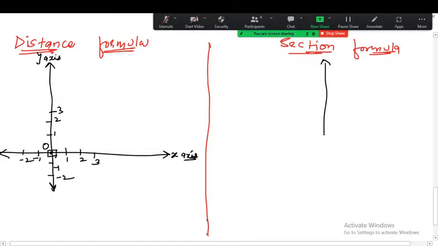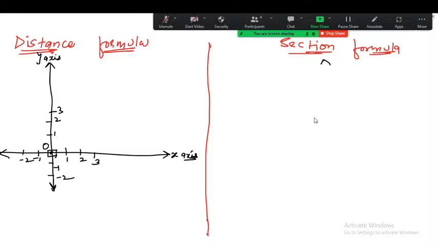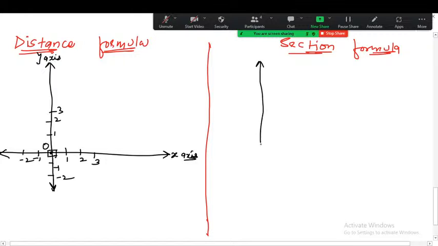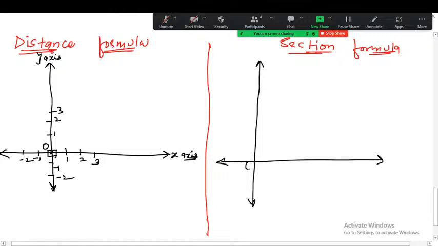The same thing is applicable for the section formula as well. Whether we are using the distance formula or the section formula, we are actually working with coordinate geometry. That is why the same type of x-axis, y-axis and leftwards, rightwards movement will be done, and you need to understand the sign to be considered like this, as I have just shown here.